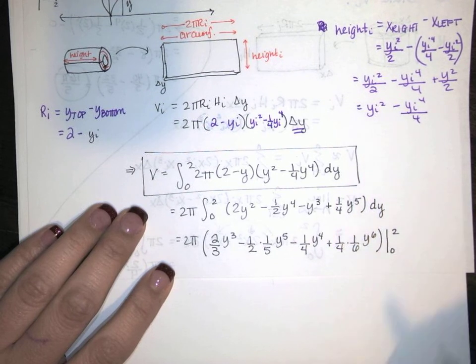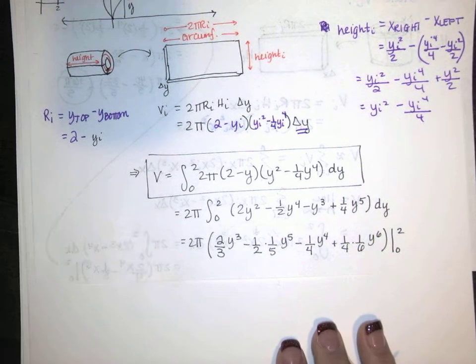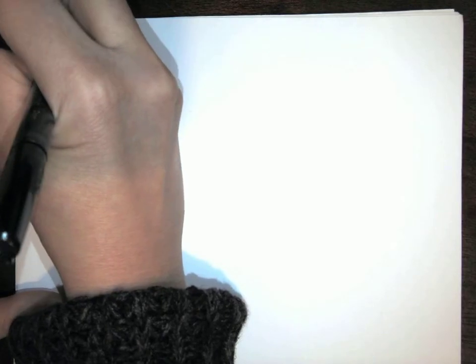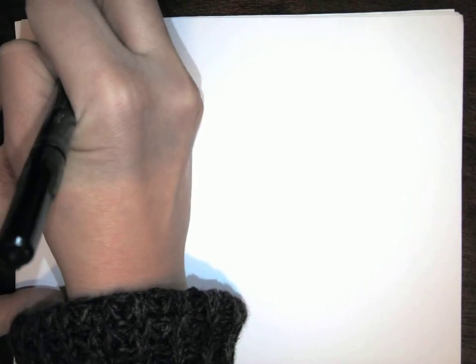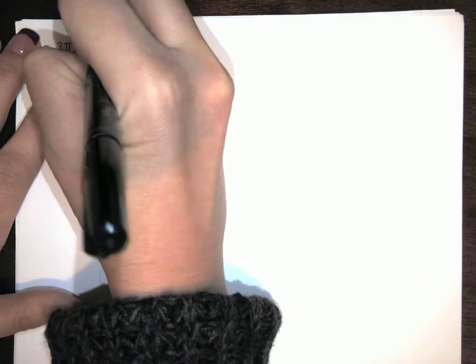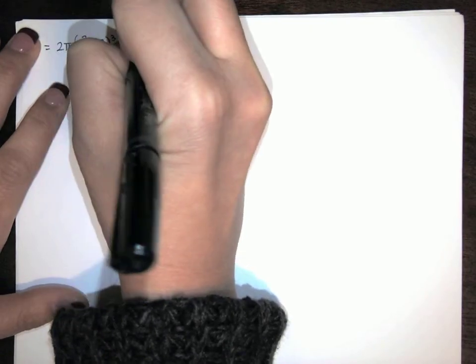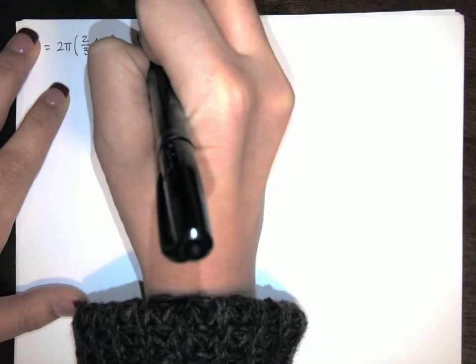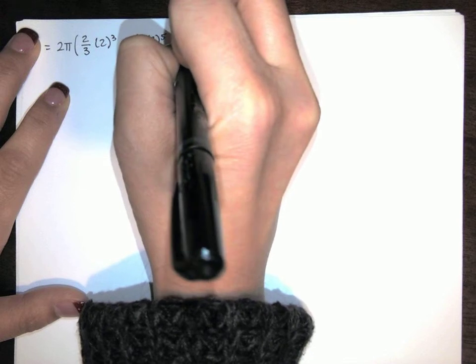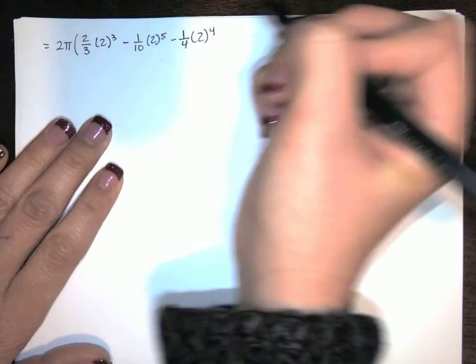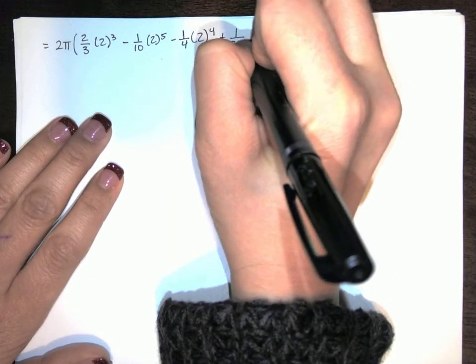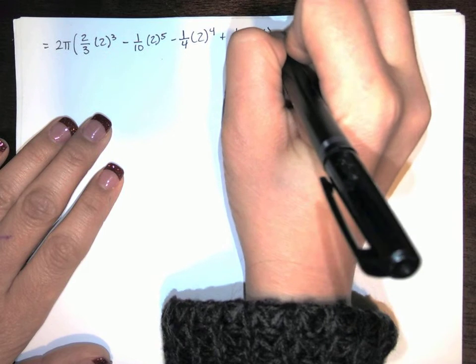Plug in 0 and 2 and subtract. All right. So my volume is 2 pi times 2/3, and I had 2 cubed minus 1/10 of 2 to the 5th minus 1/4 of 2 to the 4th plus 1/24 times 2 to the 6th.